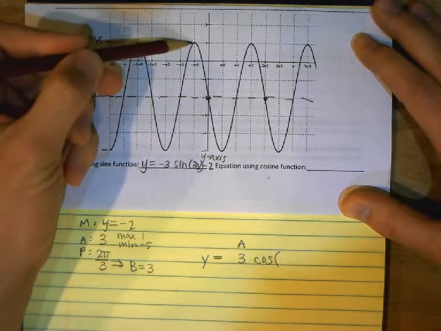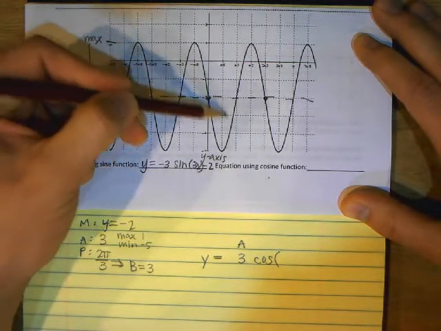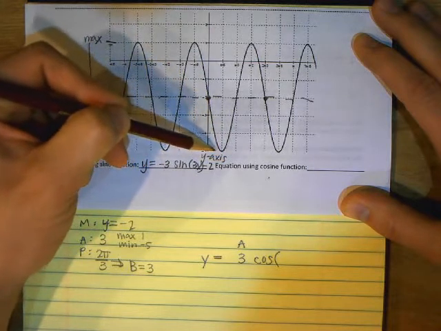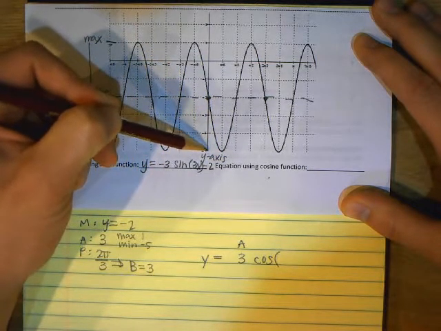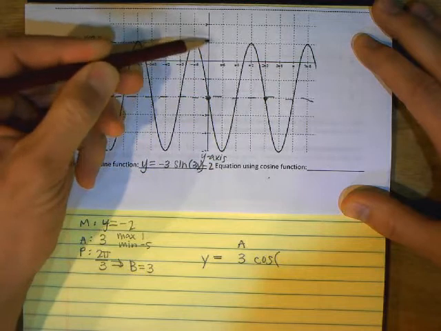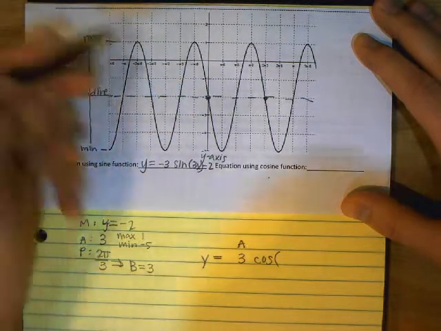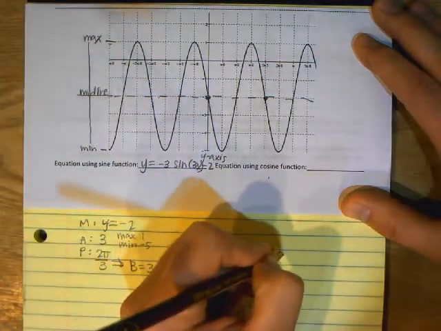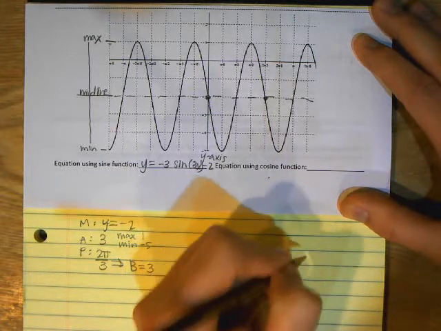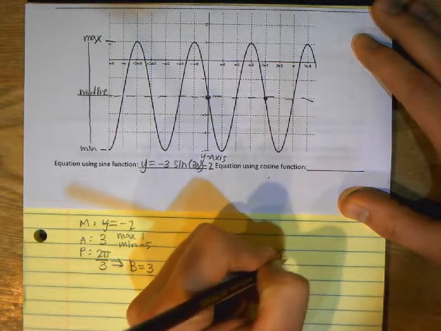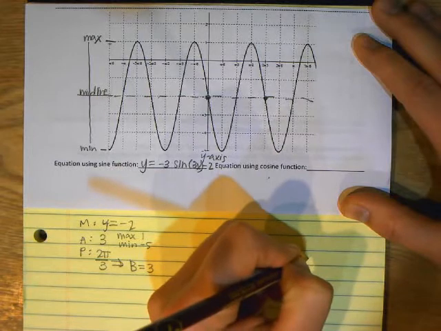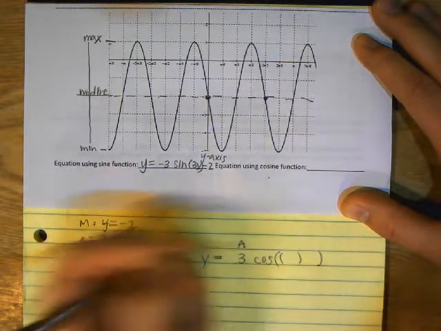Cosine begins either at the maximum if it's positive, or at the minimum if it's negative. But if I look at the y-axis, there is not a positive or a negative on the y-axis. So that tells me there is actually going to be a shift here. So I know that it'll be something, and then plus or minus something else.